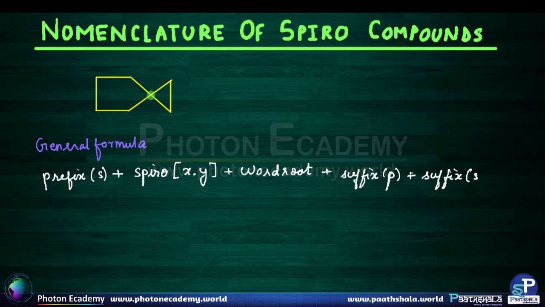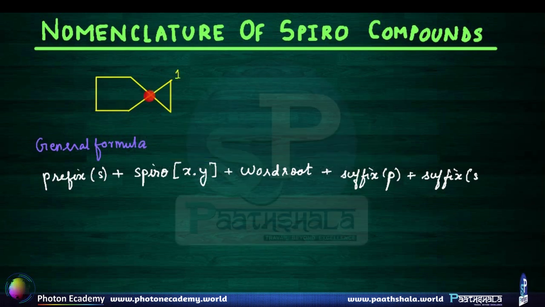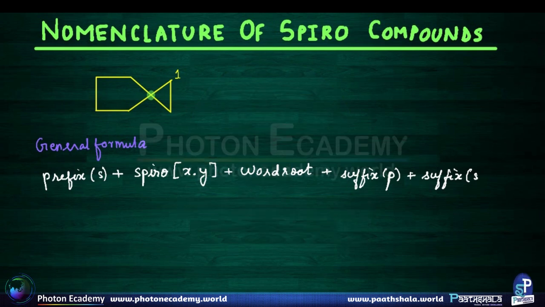So, we will start numbering from this carbon because this is directly attached to the bridgehead carbon, the common carbon. And why are we choosing this carbon over this carbon? Because this is the shorter path and this is the longer path, and in Spiro compounds we give preference to the shorter path. So, the numbering will be 1, 2, 3, 4, 5, 6, 7.